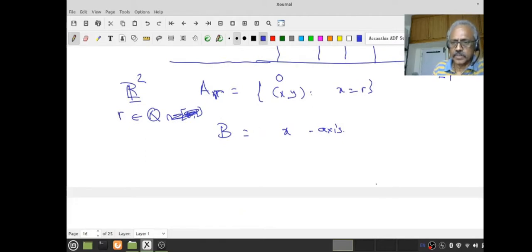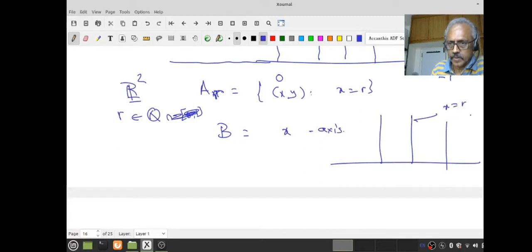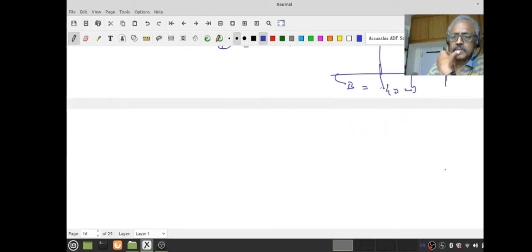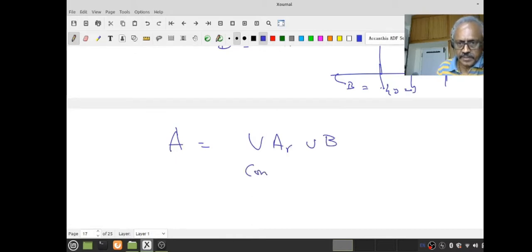So what are these lines? The lines are at x equal to r, where r is a rational number, and this is my B. B is the x-axis, that is y equal to 0. This is a line, therefore it extends both ways. Now let us look at this set A, which is the union of the Ar and B. Is this connected?